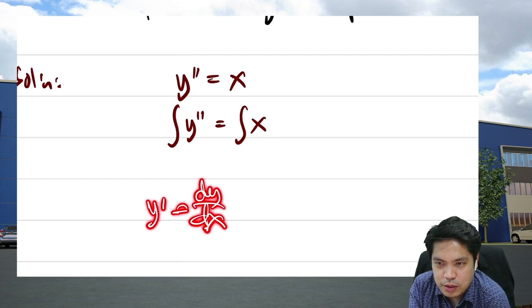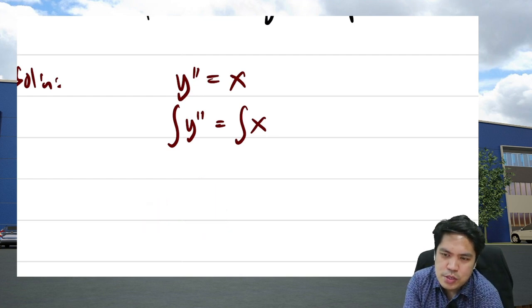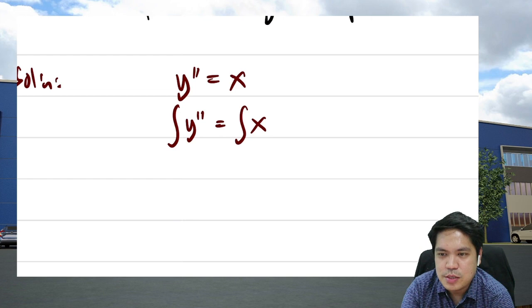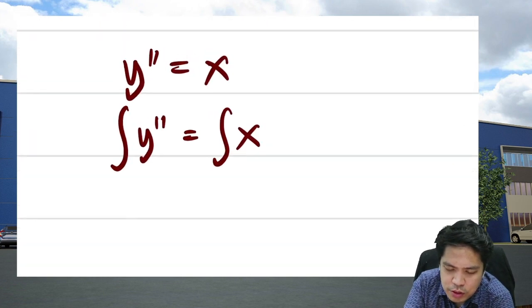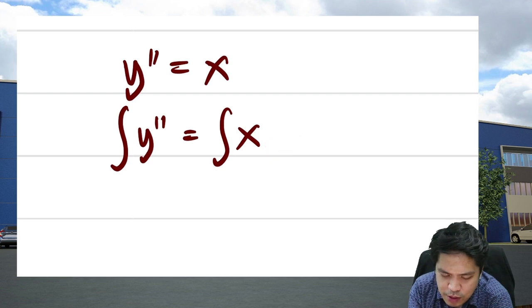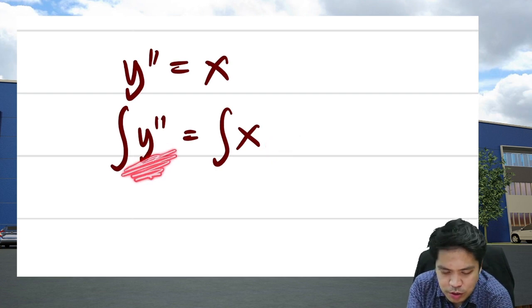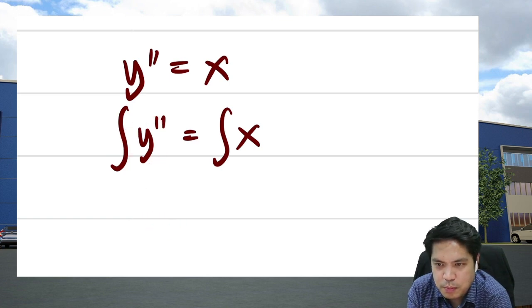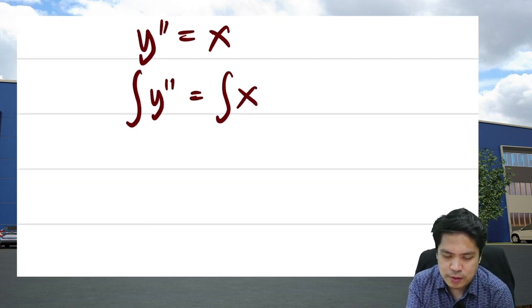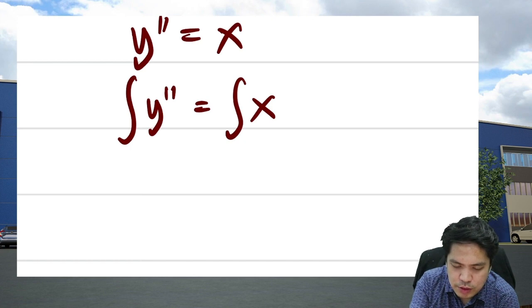Pwede naman ganun. Okay? Baka ma-confuse na kayo kasi parang may sa double integration na siya. That's why, ganito na lang. Kahit wala ditong dx, we know that yung dx na yan nandito pa because yung sinulat natin dito is not dy over dx but y prime or y double prime for this matter.